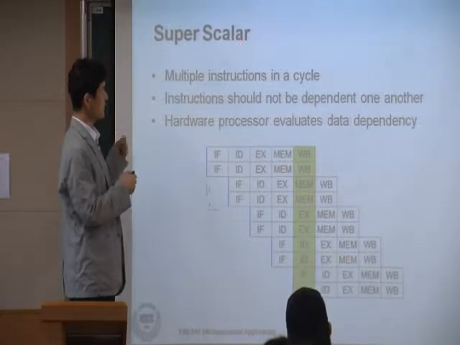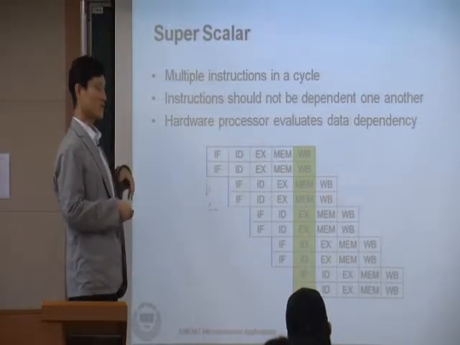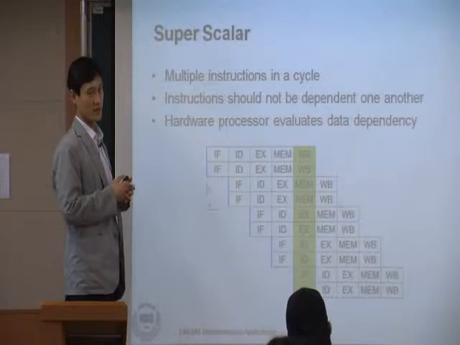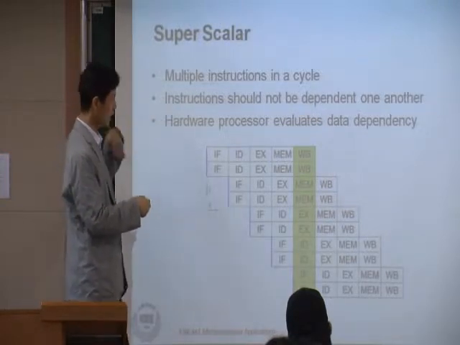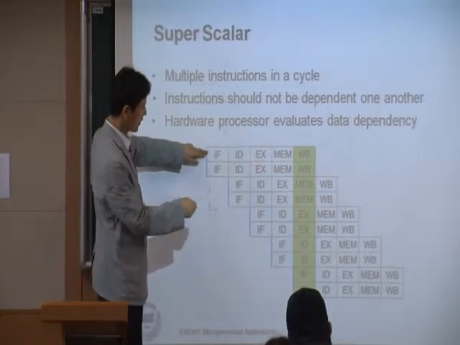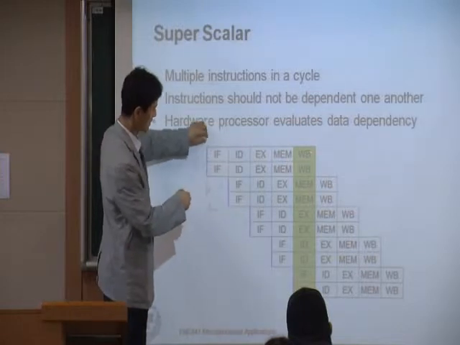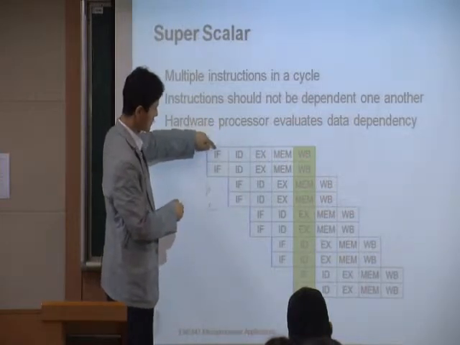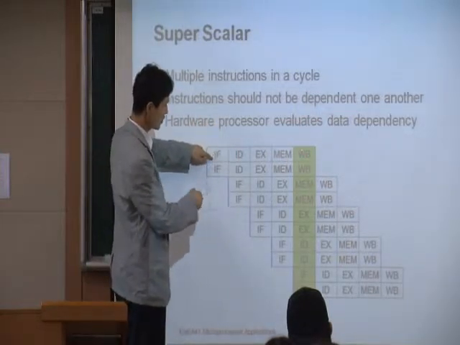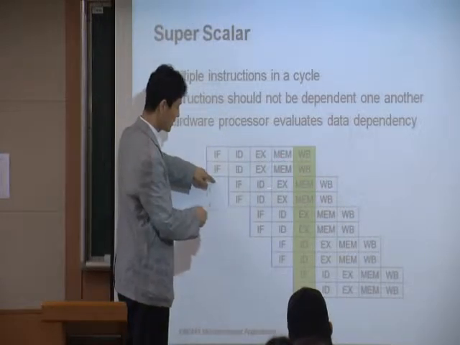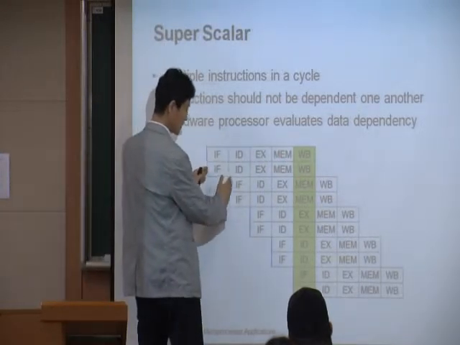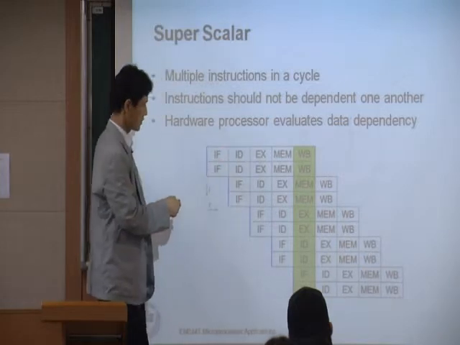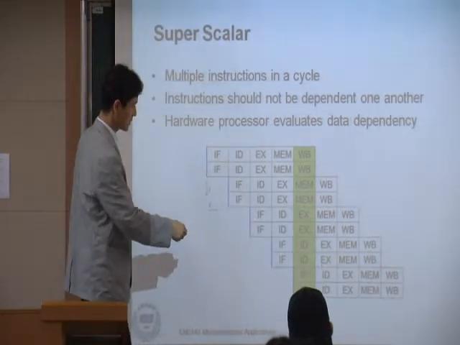But superscalar is actually different from a regular pipeline. How it's different is that in the regular pipeline, you have one pipeline chain here, right? We have 5 stages in one, and the next one is shifted by this, right? So you have this one, and this one, this one, this one.